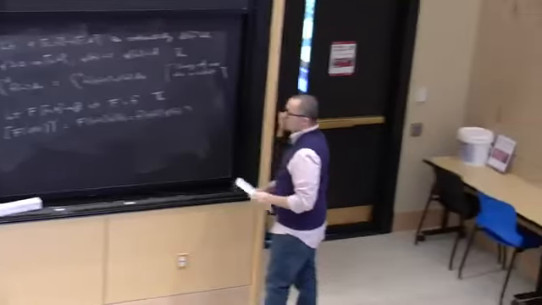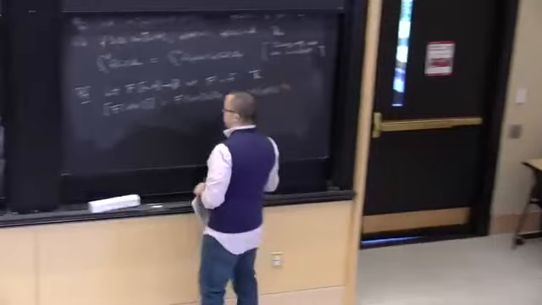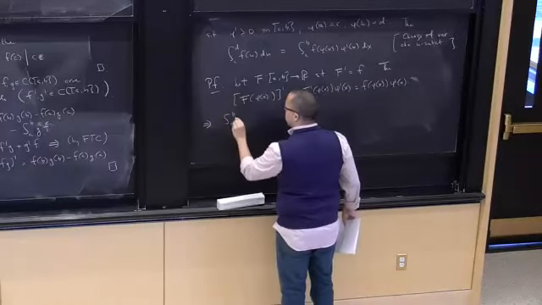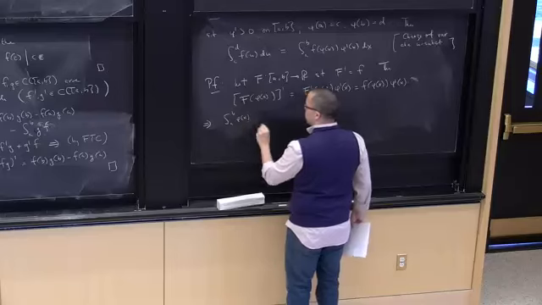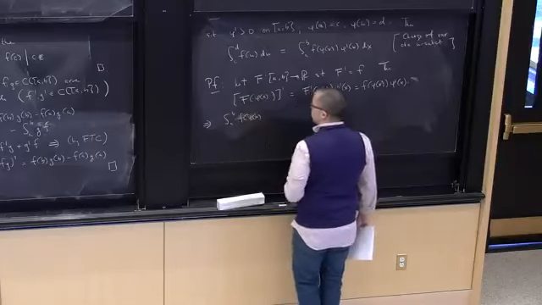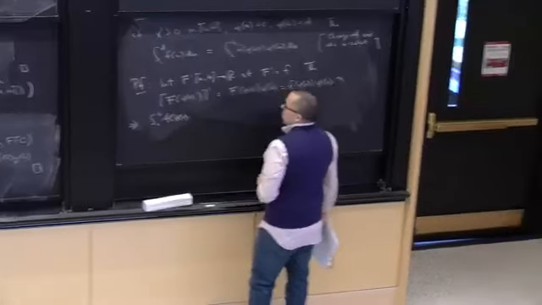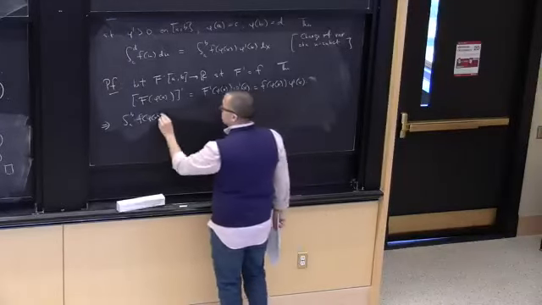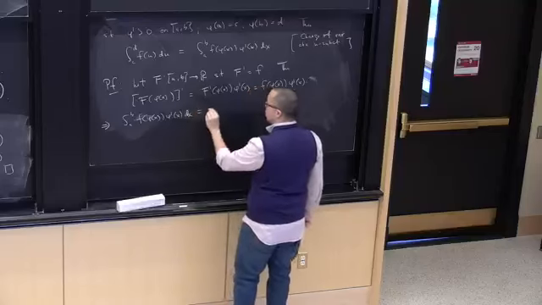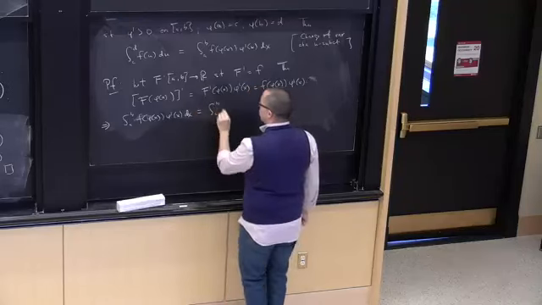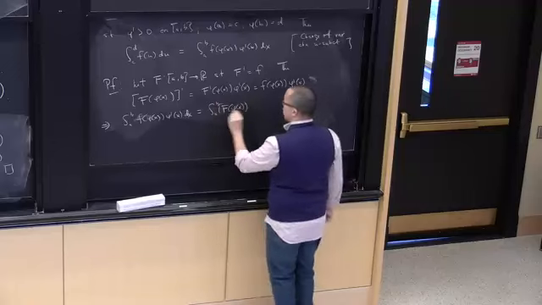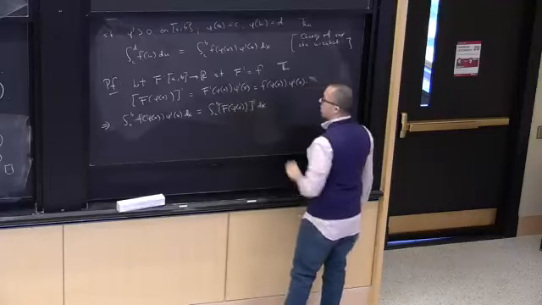So then when I integrate that, the integral from a to b of f of phi of x times phi prime of x dx is equal to the integral from a to b of the derivative of F of phi of x dx.